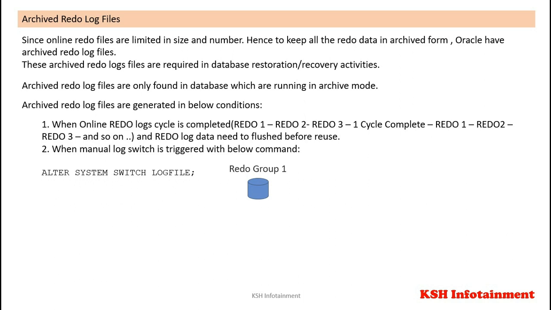So to use the redo 1 group again, it needs to flush all the data elsewhere if the database is in archive log mode. Otherwise, it will delete all the data from the redo file and reuse the file again. So during this cycle completion, one archive is generated by Oracle, and the background process responsible for this is ARCn, that is the archiver process.